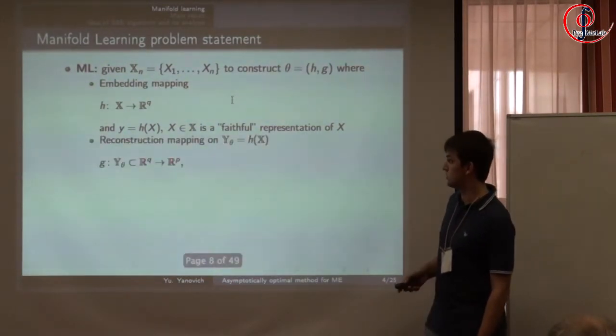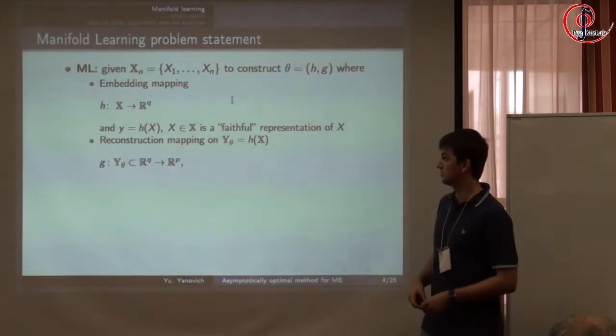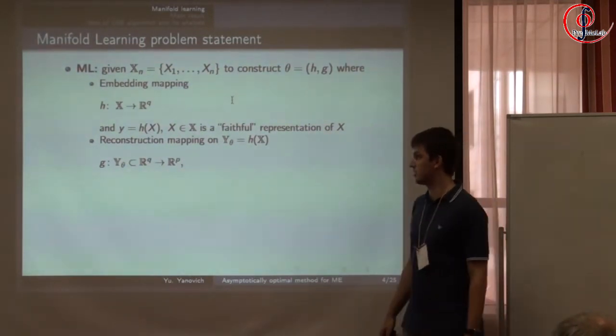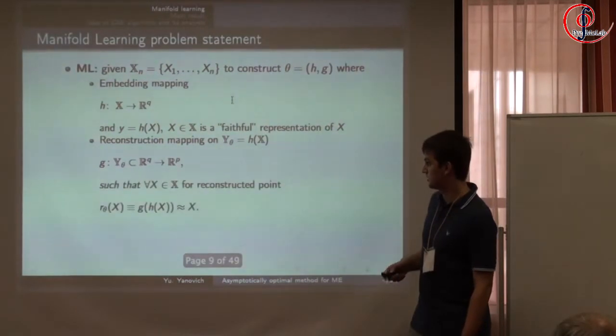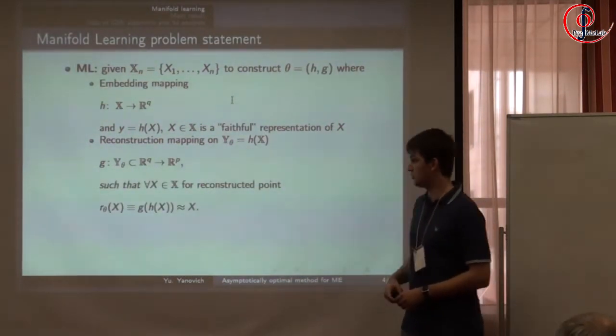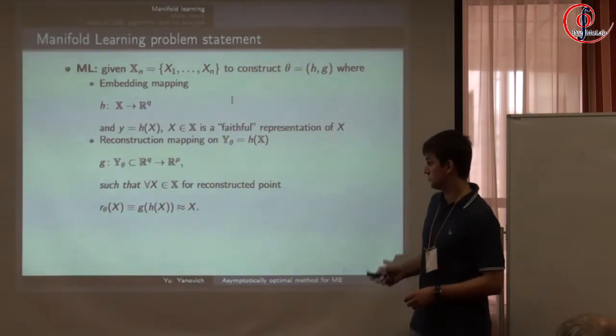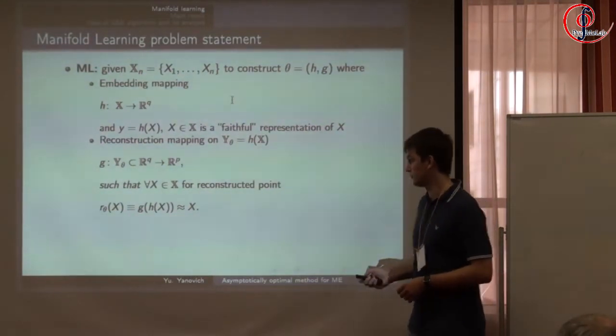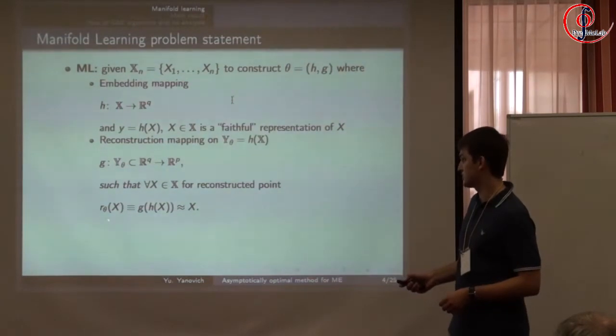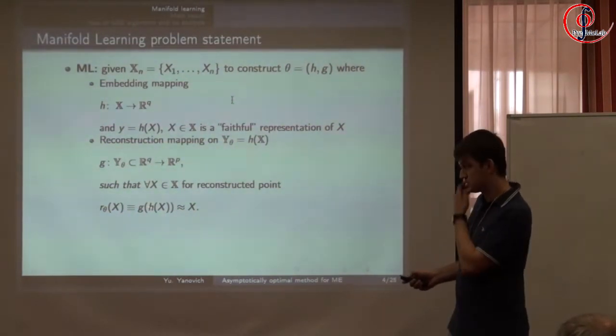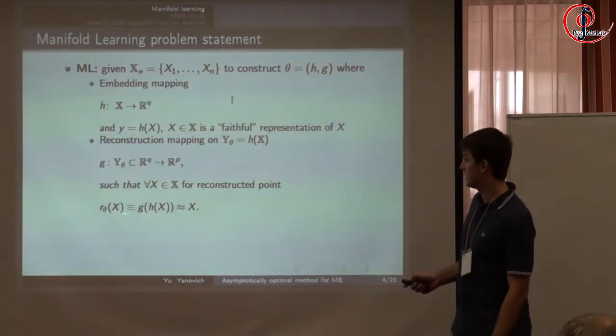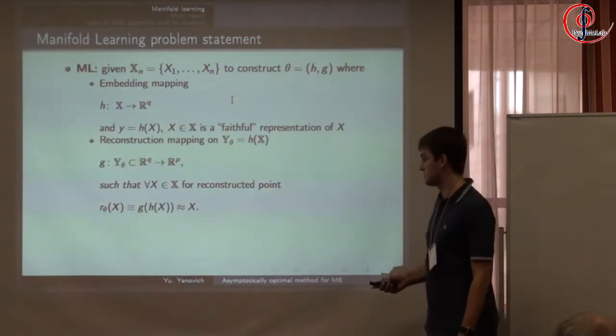So we could, using this low-dimensional description of high-dimensional points, reconstruct the high-dimensional points. And this is the second mapping, called the reconstruction mapping. To measure the quality of such pairs of mappings, we will use a function that measures the distance between the initial points and the composition of the embedding and reconstruction mappings applied to these points.